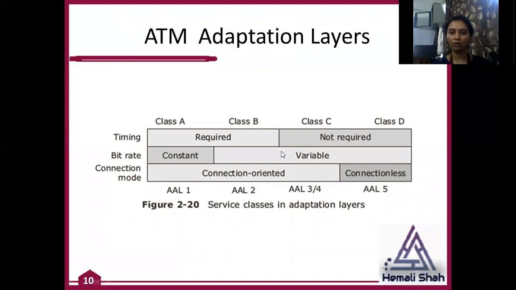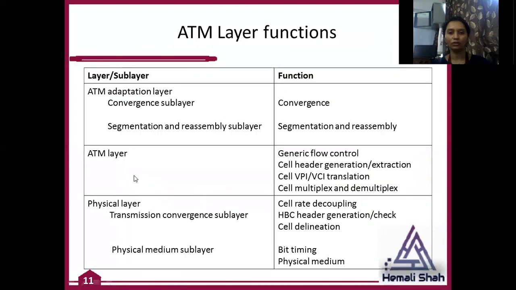This thing I have already told you. The AAL layer is classified into 4 categories, A, B, C and D, based on timing, bitrate and connection mode that you require for your network data communication.